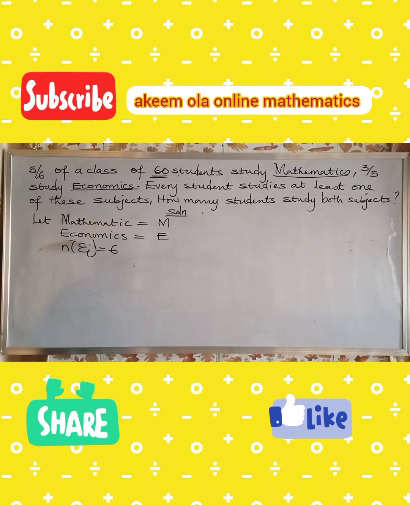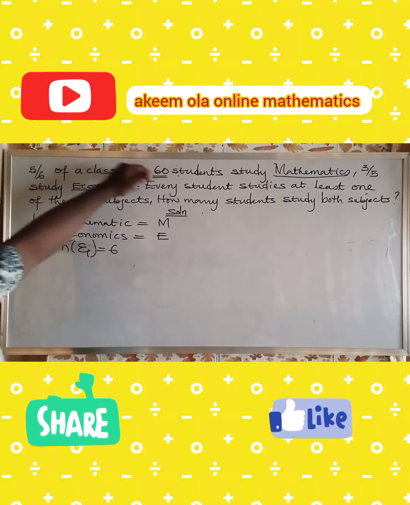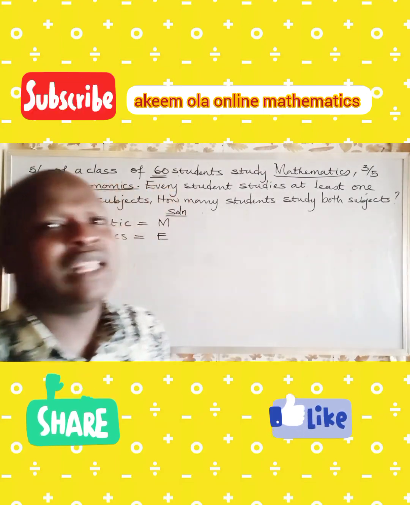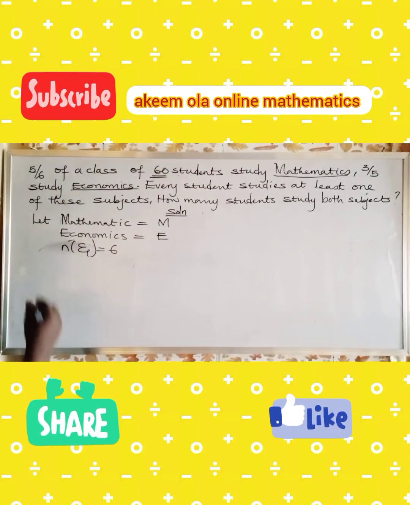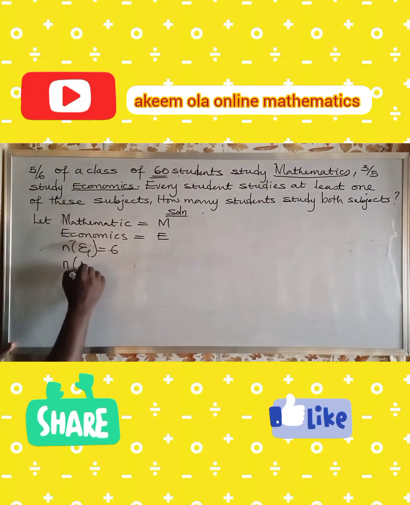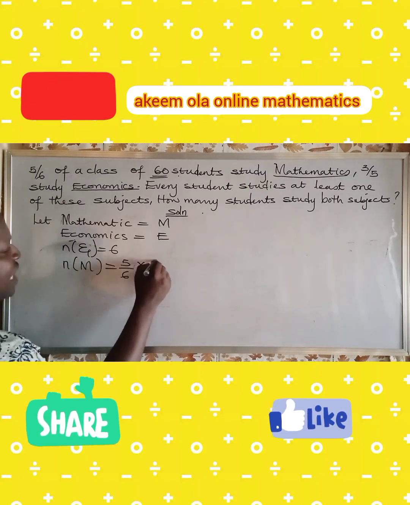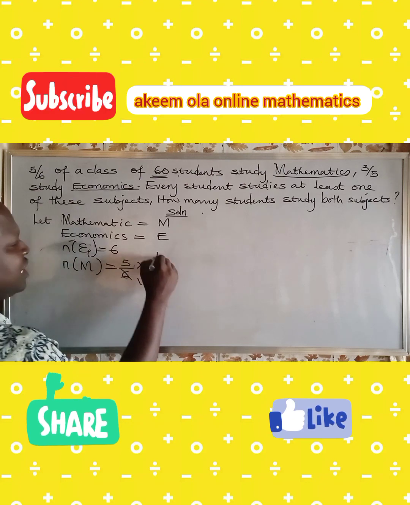Now, from the question, they said 5/6 of a class of 60 students study mathematics. That means we can actually get the number of students that study mathematics. So the number of students that study mathematics will be 5/6 times 60/1. 6 here is 1, 6 here is 10.